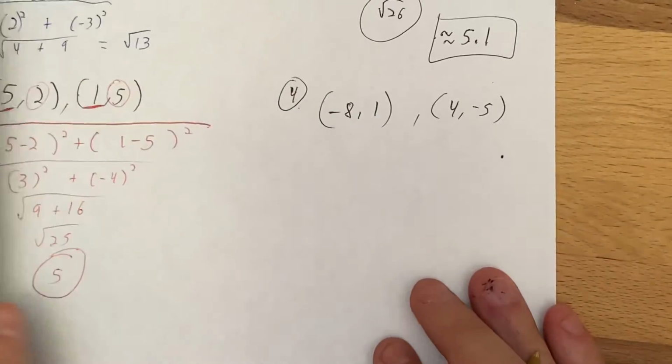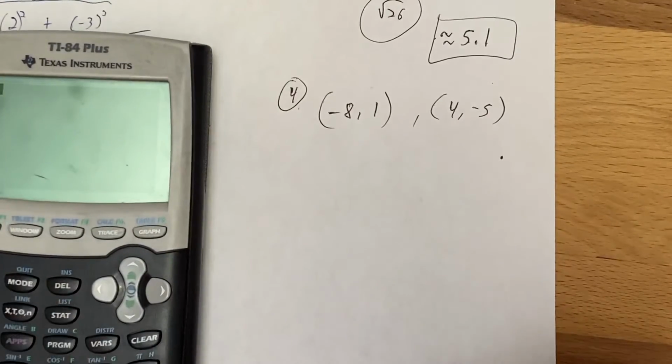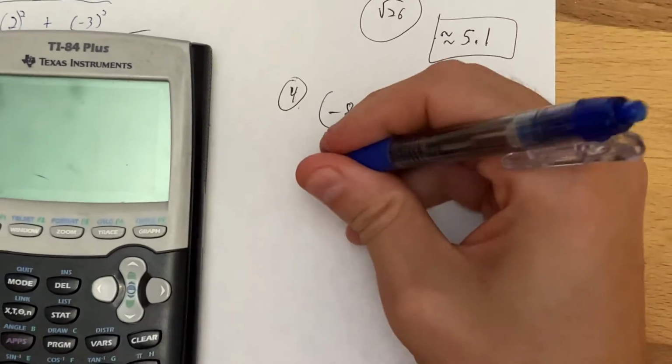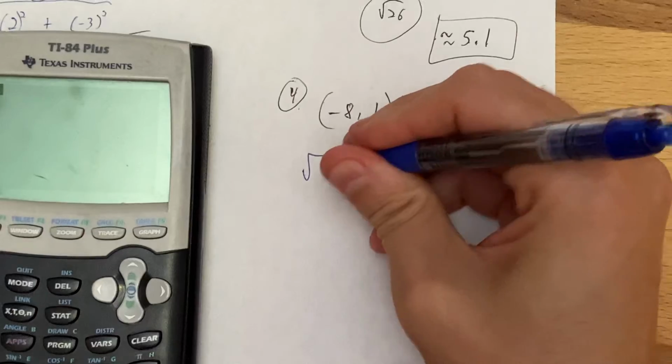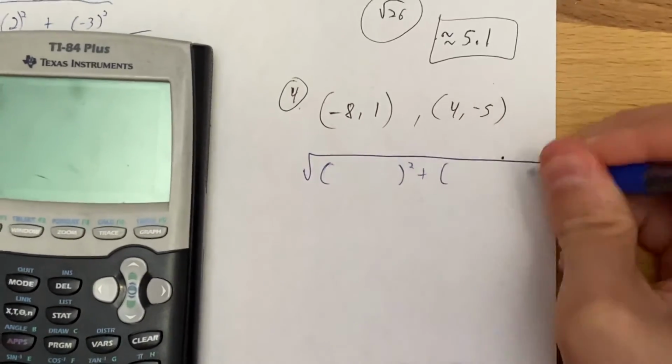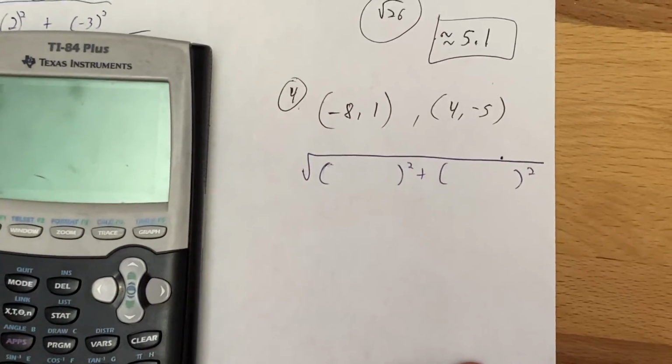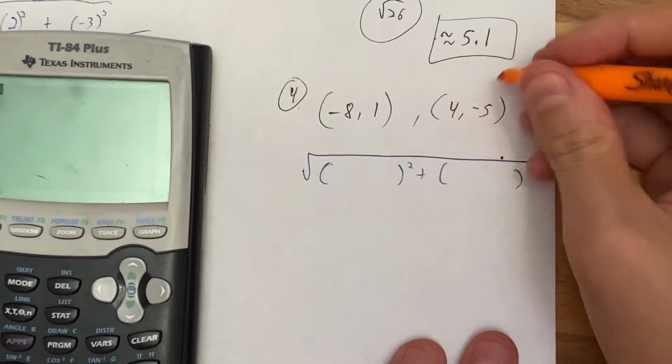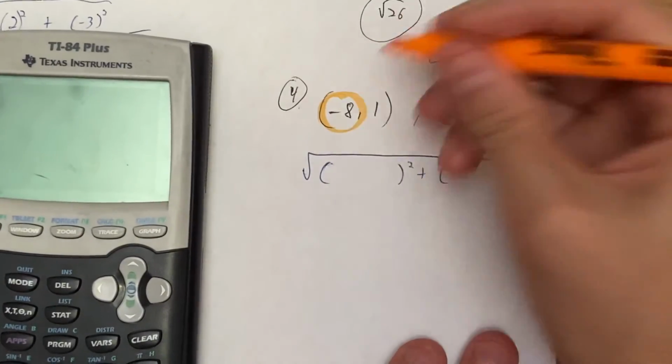Now to number 4. Like I said, pause it and try it. So 4 minus -8.